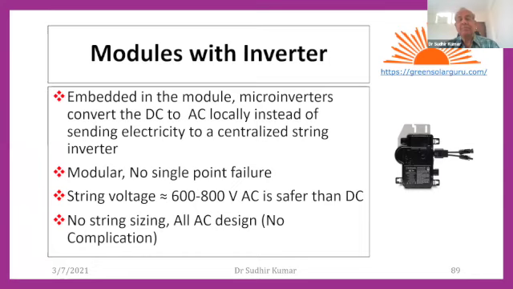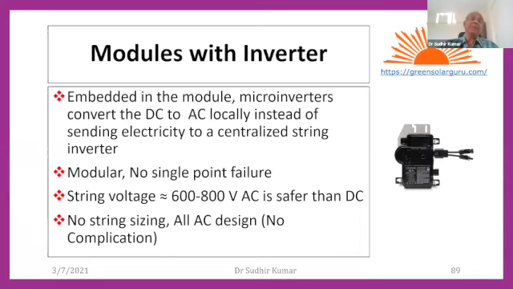Now everybody knows that 800 volt DC, if somebody touches it, he will die immediately. But with 600 or 800 volt AC, if somebody touches it, there will be a shock, but ultimately he will not die. So DC is such a bad thing, but this micro inverter avoids everything. It is producing power, DC to AC, at the module level, and the collected power has AC voltage, which is safe.